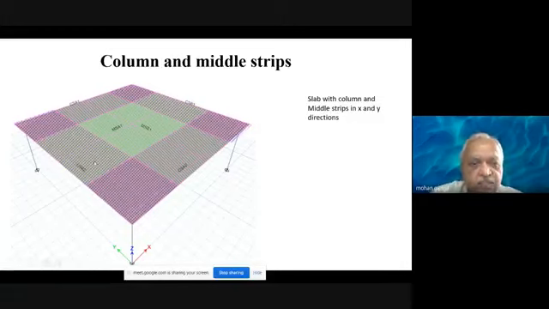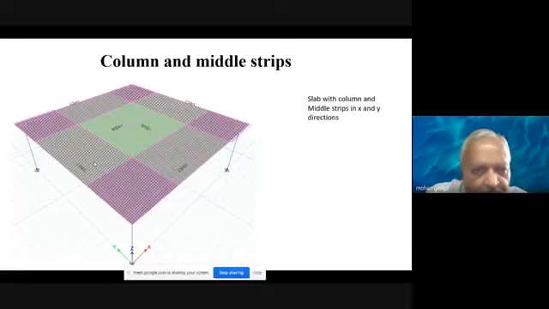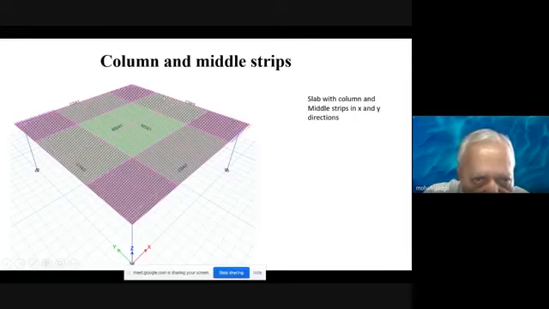And as far as the slab is concerned, as you know, for a flat slab of this type you have to consider the behavior in terms of strips, even in normal slab design. So we have this column strip, another column strip in the X direction, then a middle strip over here. So we have three strips in the X direction, two column strips and one middle strip.